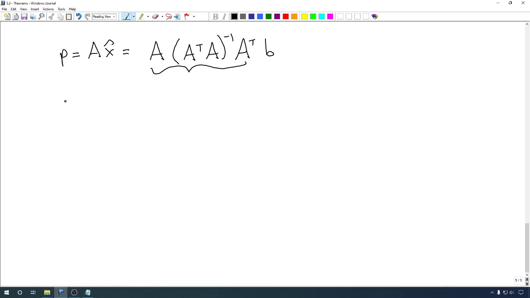In other words, if we give this a name, we're going to call it capital P. This is a matrix that takes any vector B and returns its projection in the column space, or projecting that vector B onto the column space. We're going to call this a projection matrix.